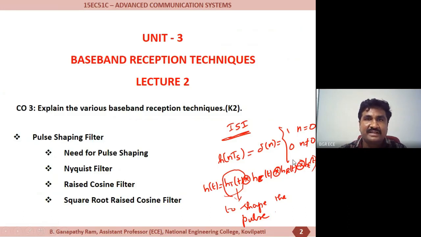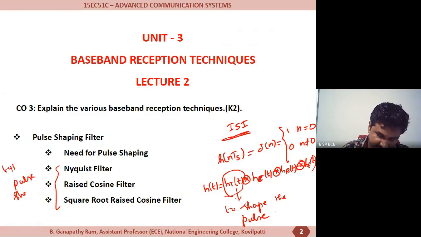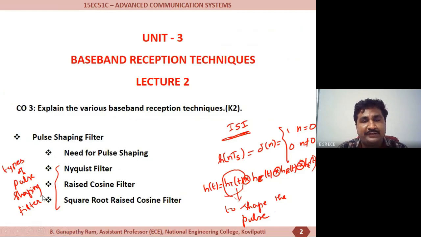The transmission filter is otherwise called the pulse shaping filter. Under this session, we are going to discuss the need for pulse shaping and the different types of pulse shaping filter. There are different types of pulse shaping filter: Nyquist filter, raised cosine filter, square root raised cosine filter, as well as Gaussian filter, and many more are available.